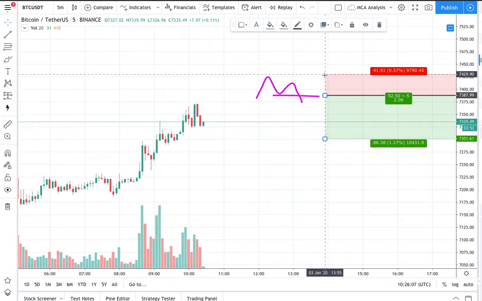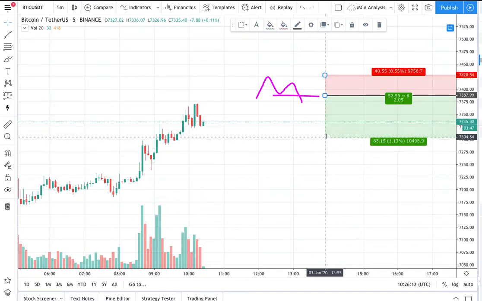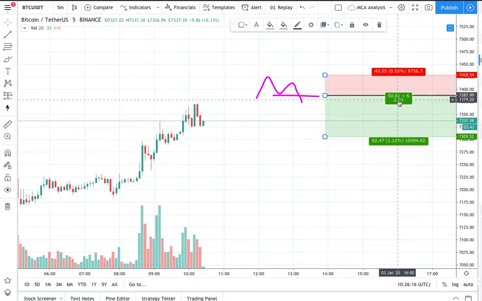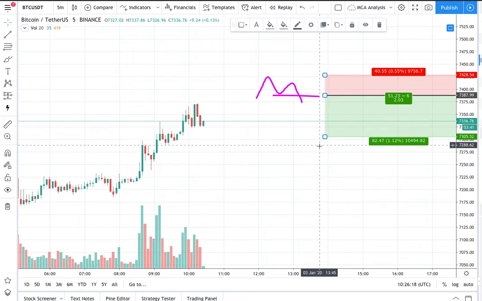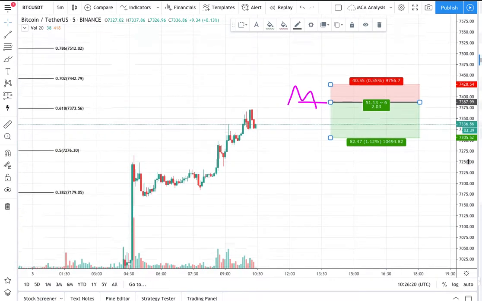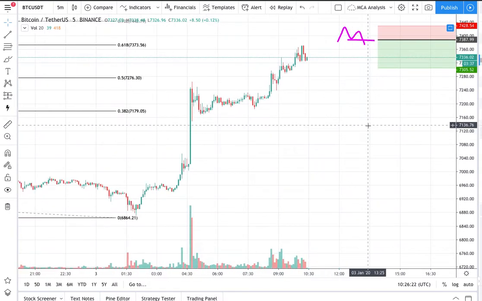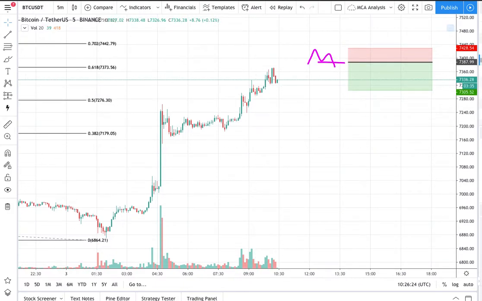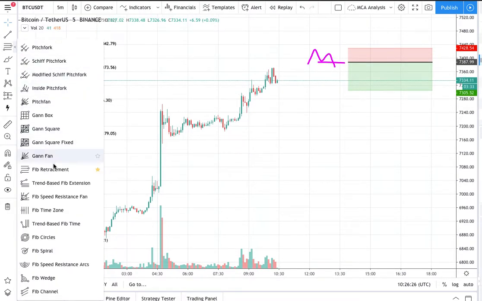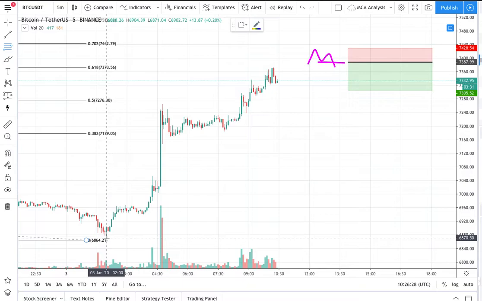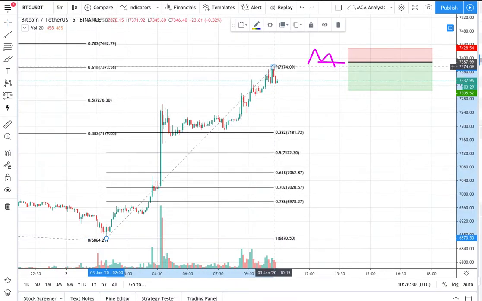You're risking to the top of the left side of the M right here, and your profit target has to be at least 2 to 1 risk reward. So that's a 2.03 risk reward. And you generally want to go for a 50% retrace. So let me show you what that looks like. From the bottom right here to the top right here, down here would be a 50% retrace.